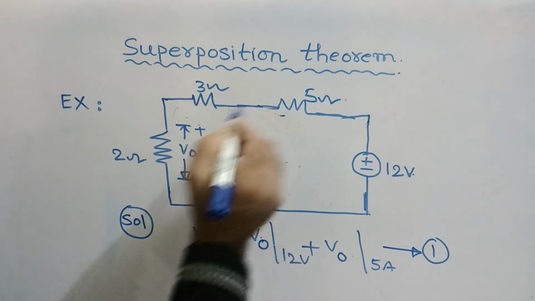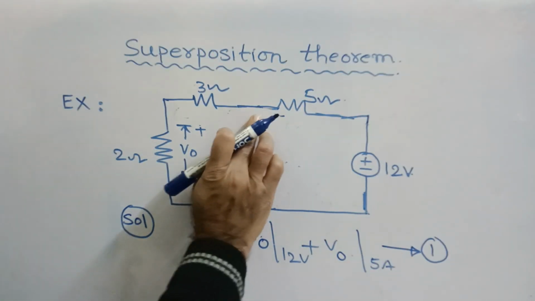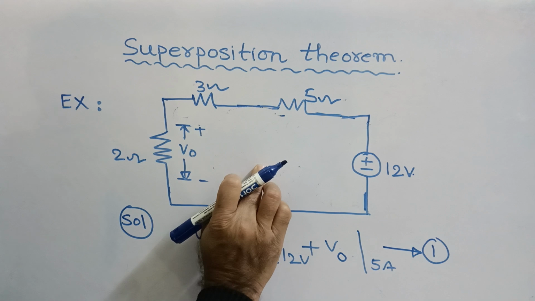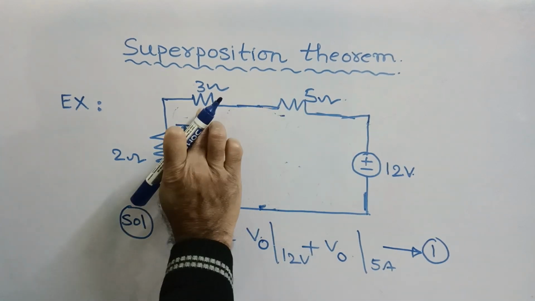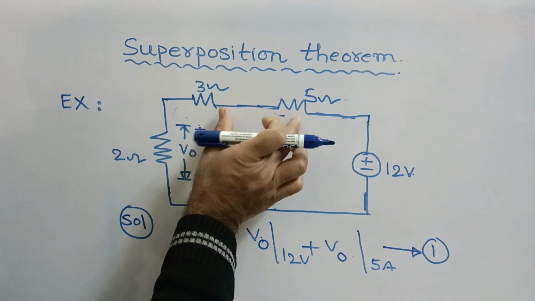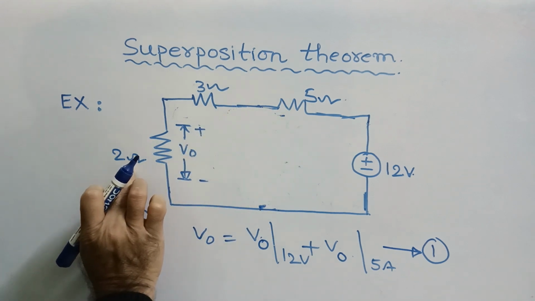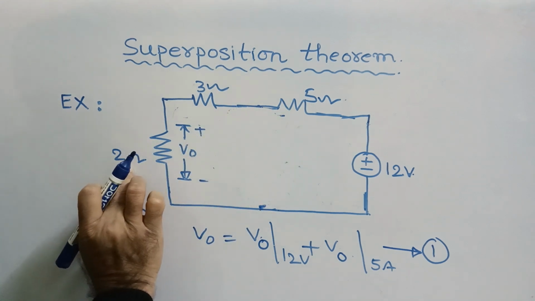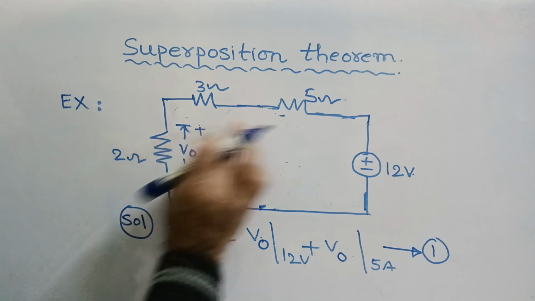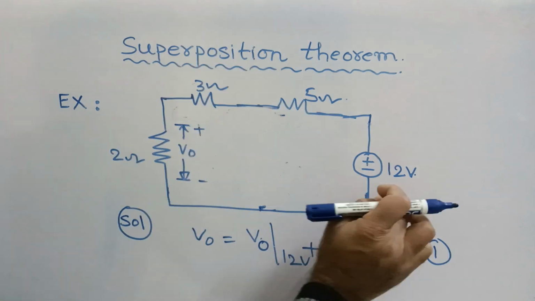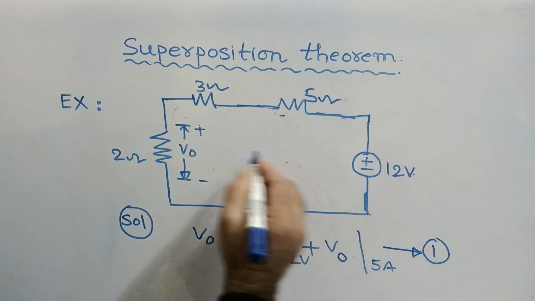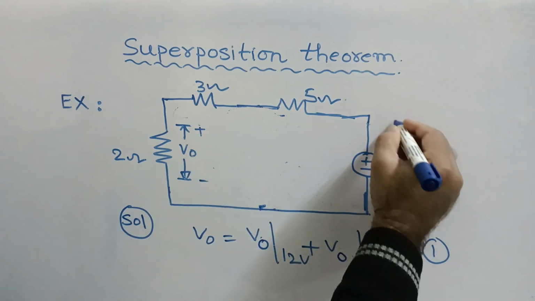So if you remove this 5 ampere current source, the equivalent circuit will be like this. Then your 5 ohm and 3 ohm become in series, and the 2 ohm is another resistor which is also in series with these, but we have to find the voltage across it. So what is V0?